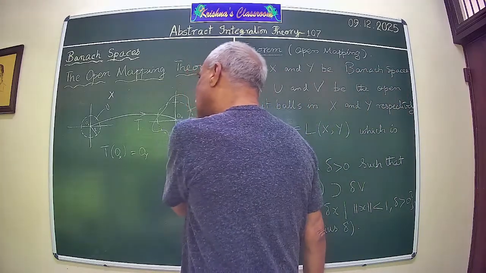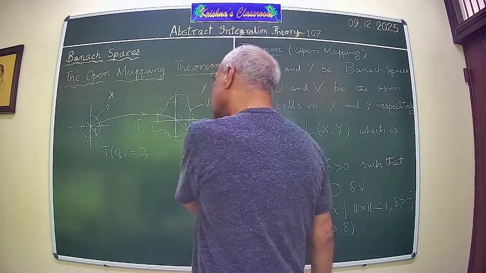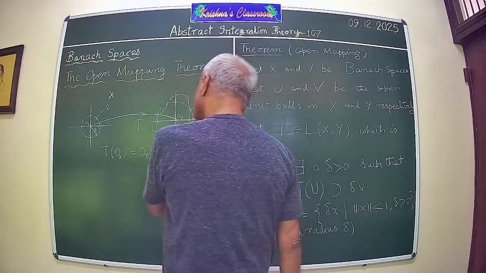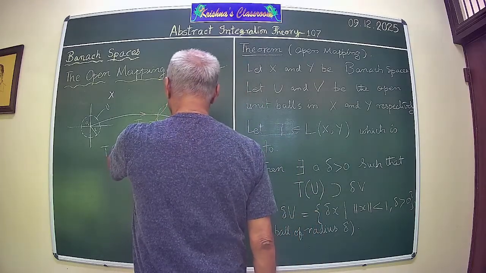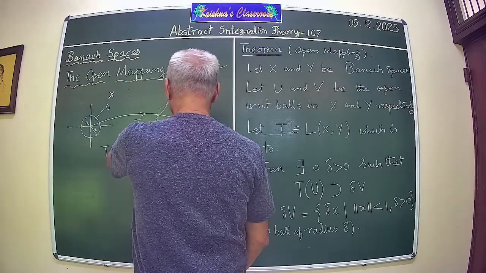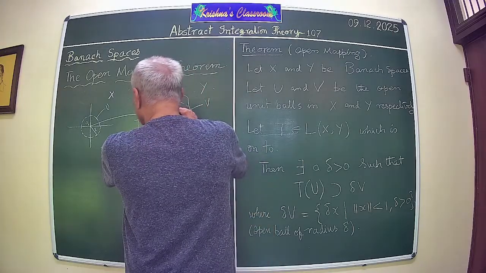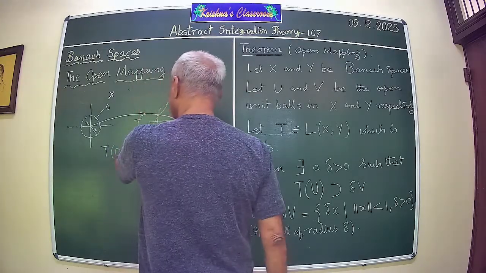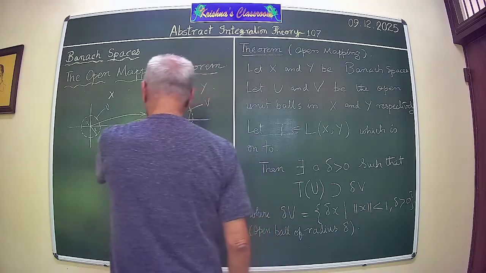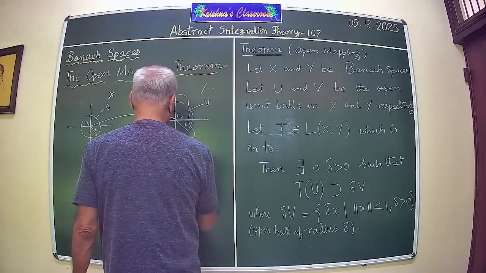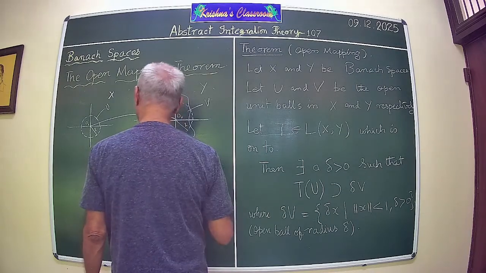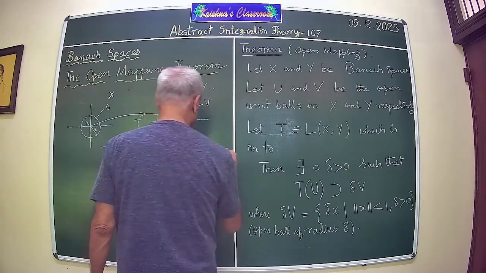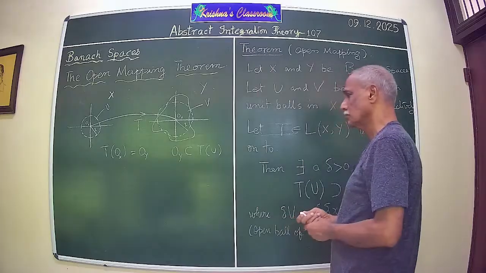Now what we want to assert is this, that the 0 in Y, which is a part of T(U), okay, so 0 Y is contained in T(U).